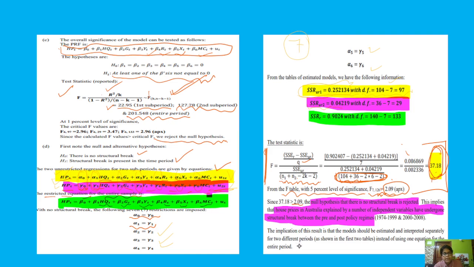And what does that imply? That means this model should be estimated and interpreted separately for two different periods. So instead of using one equation, the econometrician should use two equations because there is a structural break, and it has been proved by the rejection of the null hypothesis.